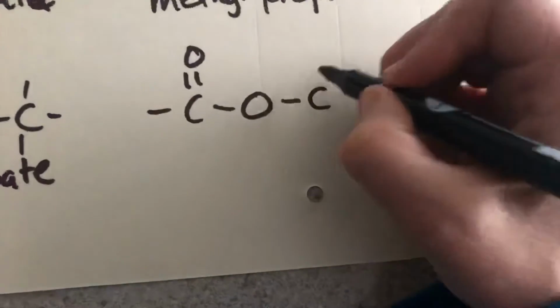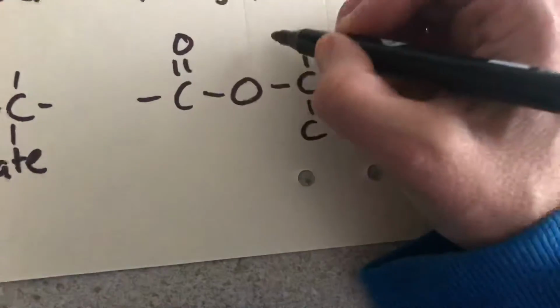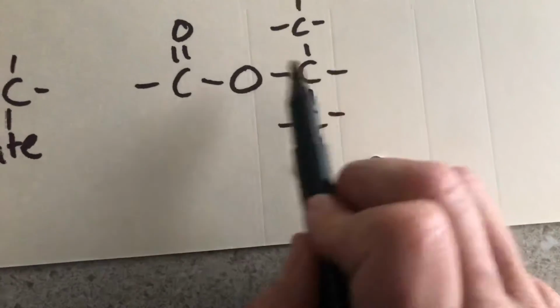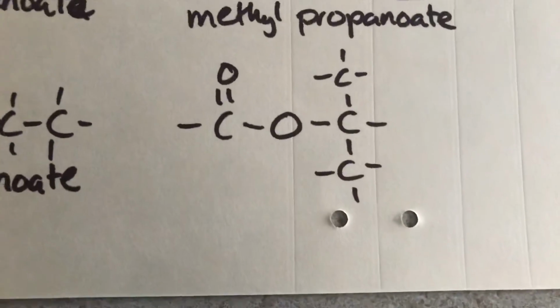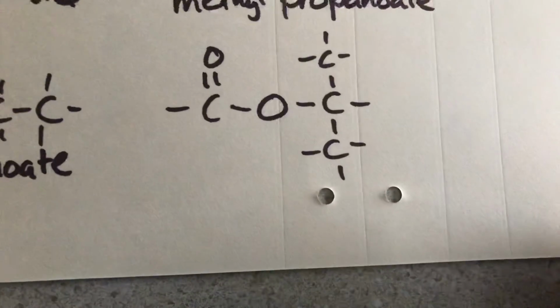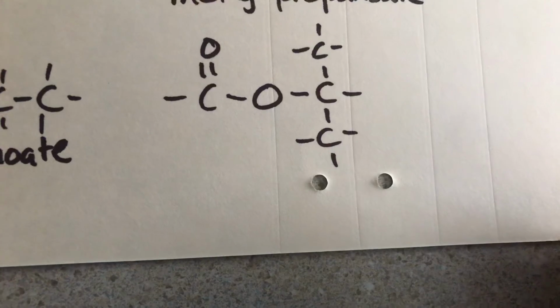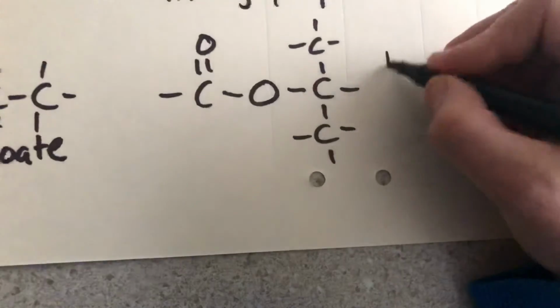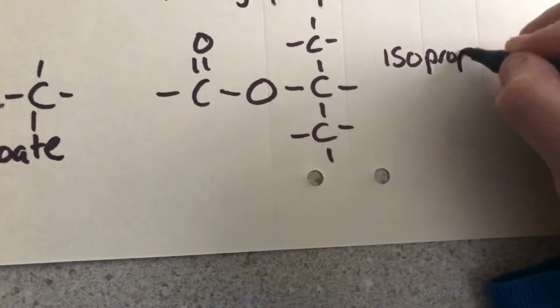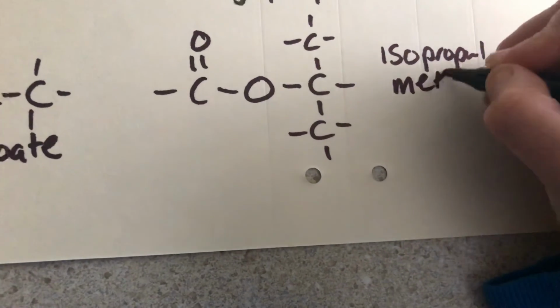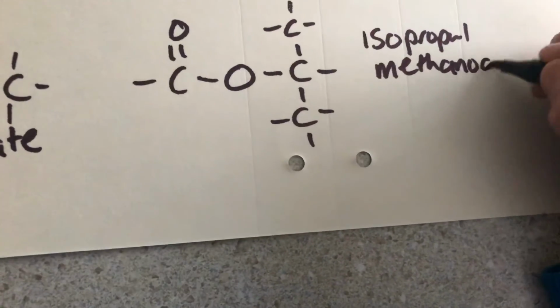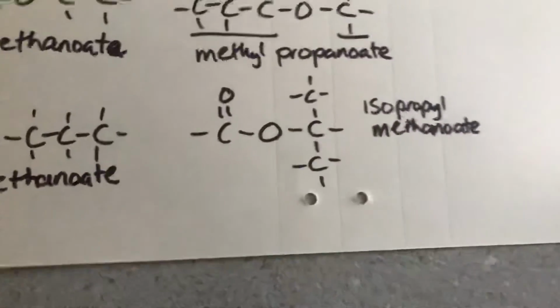And I'm then going to take this chain and draw it like that, so that you can see that the middle carbon is attached to the oxygen. Now that's actually got a weird name, and we don't need to name it, so I'm not going to name that for you. Probably the most common name for it is isopropyl methanoate, but that's a trivial name, so don't worry about that at all.